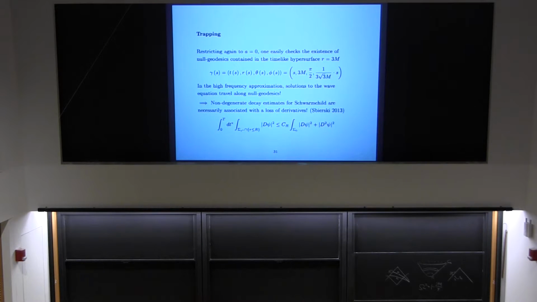The other geometric phenomenon that you have to understand for the scalar wave equation in the Schwarzschild case is the trapping phenomenon. If you look at null geodesics on your Schwarzschild background, you'll find that there are some which for all times remain in the timelike hypersurface at r equals 3M.